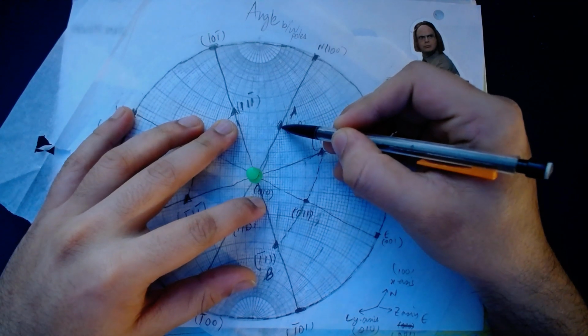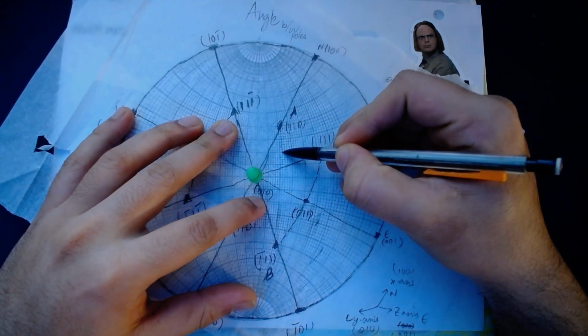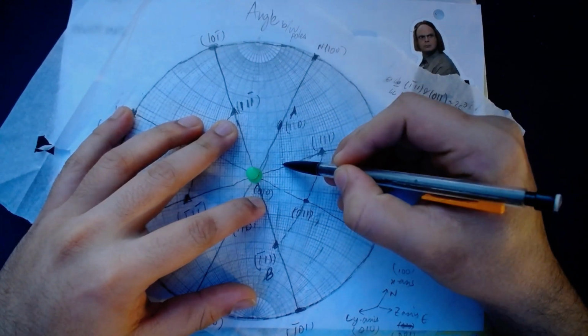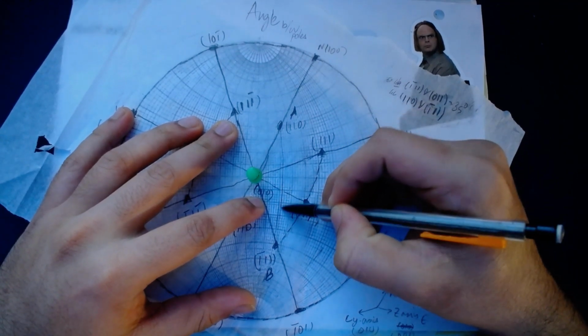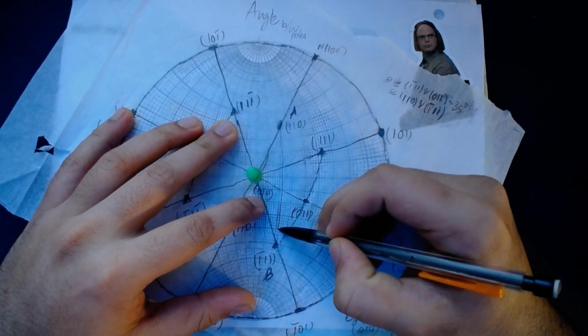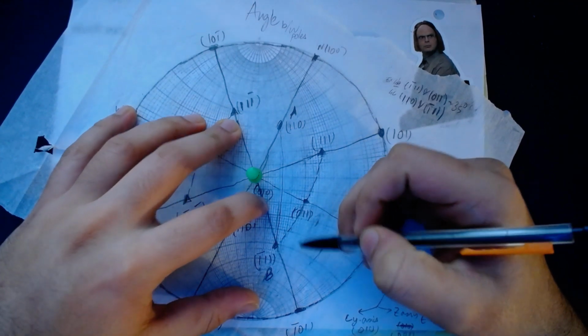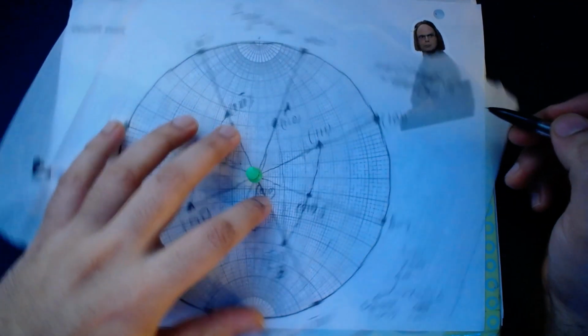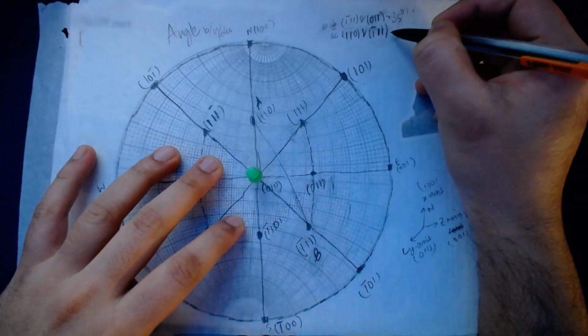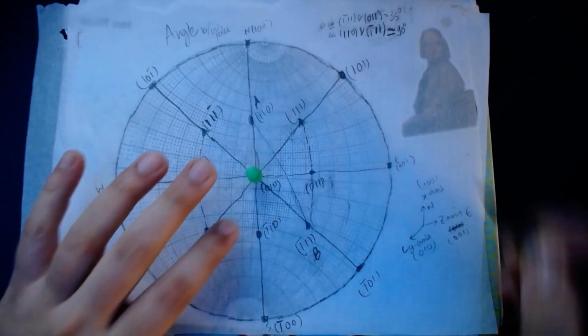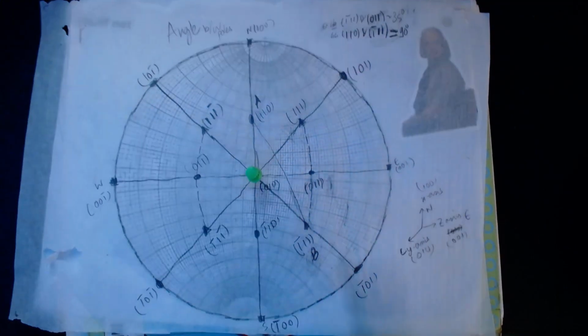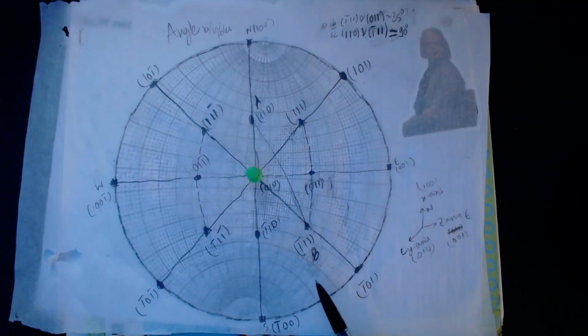We have 10, 20, 30, 40, 50, 60, 70, 80, and 90. So you can see that the angle between the point A, which is 110, and point B, which is bar 111, is about 90 degrees.